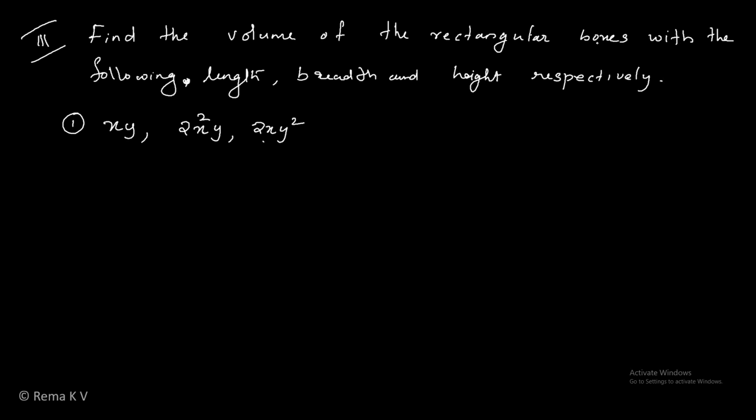Volume of rectangular boxes or cuboidal boxes. How can you find the volume? If length, breadth and height are given, L is the length, B is the breadth and H is the height.